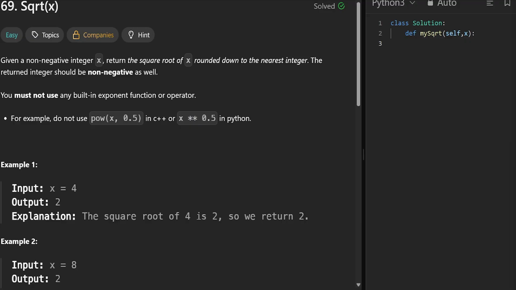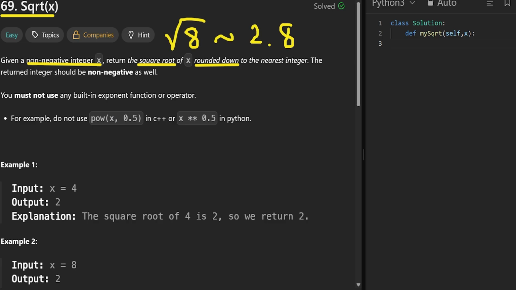Today, we're tackling Leetcode 69, square root of x. You're given a non-negative integer x. Find the square root of x, round it down. It means the integer part only of the square root. Quick example, square root of 8 is about 2.8.